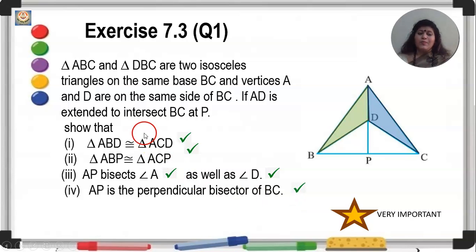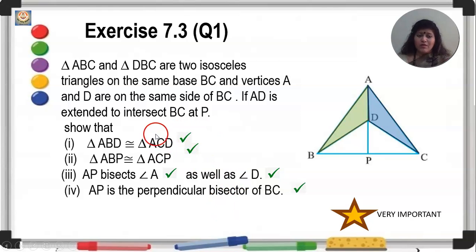Okay, so I once again repeat, these are the 4 parts that you need to prove, and remember that every part of this proof is very important, and the conclusion that you draw from this will be used maybe in the next question. Whatever information you gather in the second question will be helpful in the third, and the information that you give in the third will be beneficial in the fourth.